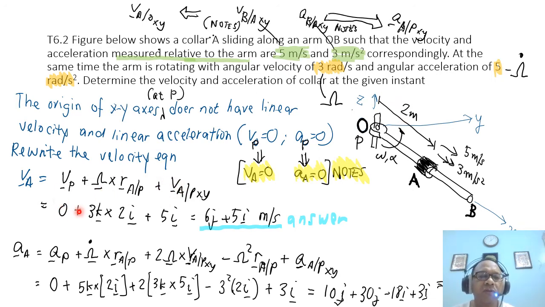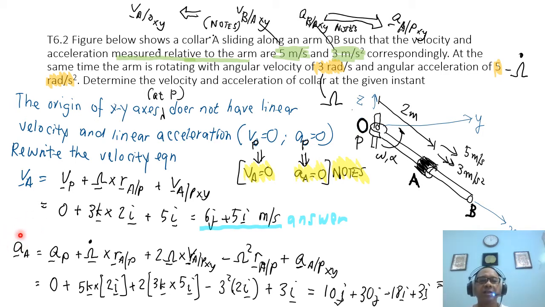So it is 0 plus 3k. We know that it's rotating in the positive k direction, cross 2i, plus 5i. So the answer is 6j plus 5i. So that's the answer.